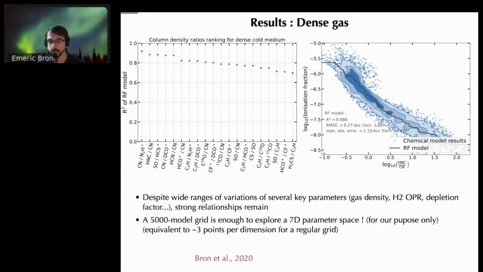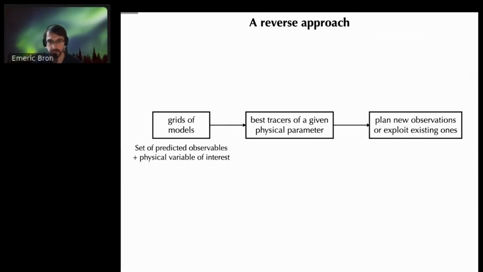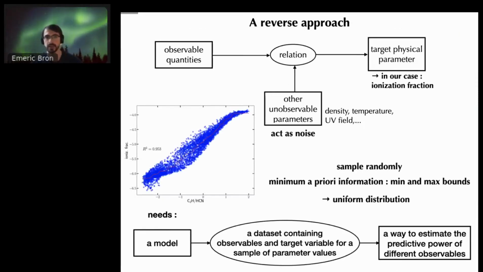And just to know, how did you sample the model grid? The space of physical parameters, as I said here, I sampled with a uniform distribution over a range of realistic values of each of the parameters. The reason is that this is the least informative distribution that we could use.